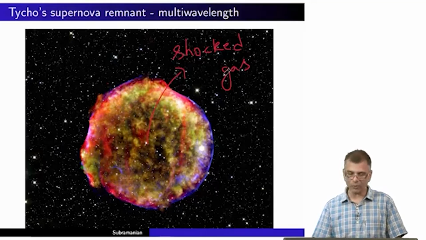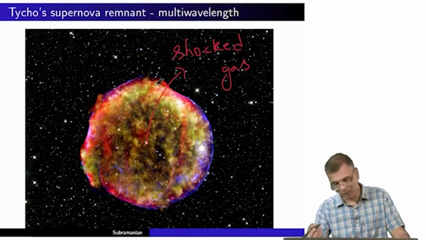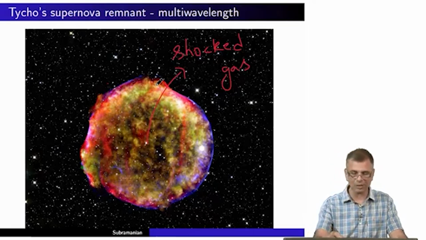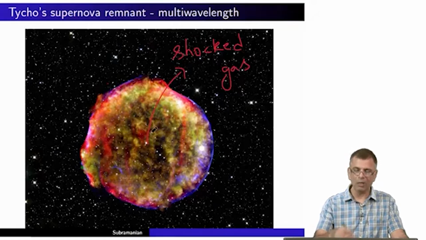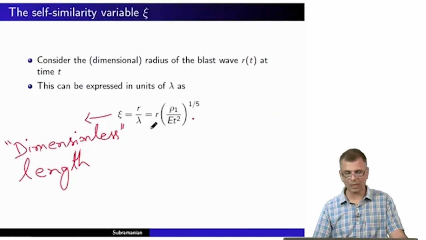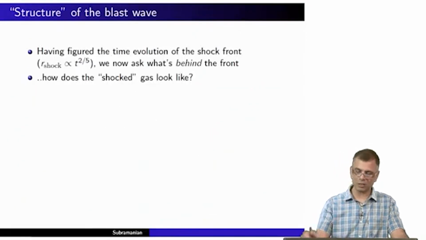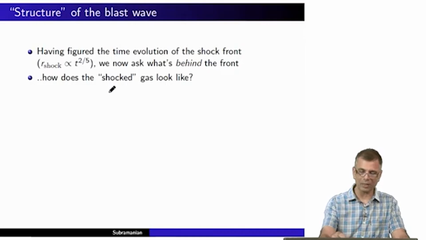So we would like to know what the density structure, the velocity structure, and the pressure structure are behind the shock. This would be the shock front, so behind it, what's the structure? That's what we would like to know: what does the shocked gas look like?